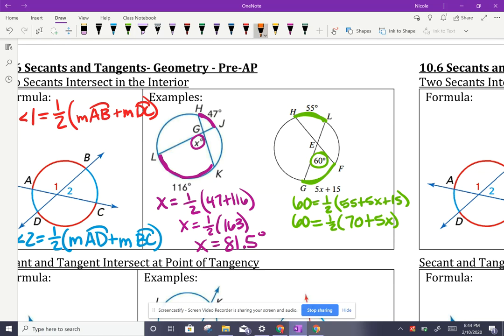I'm going to multiply by 2 on both sides. Doing so gets rid of that 1/2, so I'm not having to deal with a decimal when I'm dividing to get x by itself. I get 120 equals 70 plus 5x. Move that 70 over, you get 50. So x equals 10.